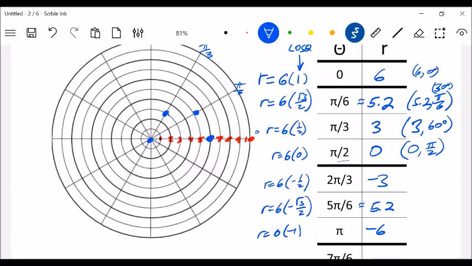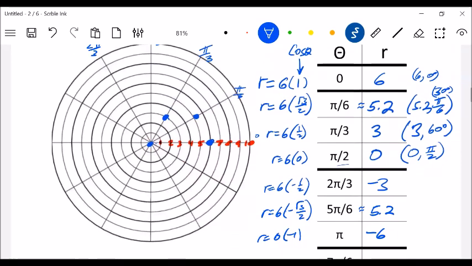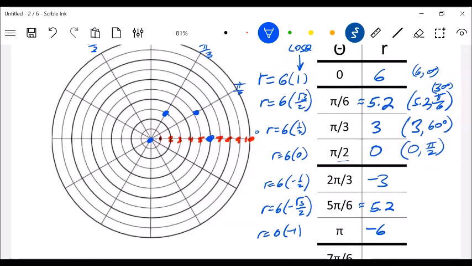All right, so 2 pi over 3 is here. And I would normally head in that direction, except the negative 3 means go the other way 3. So I'm going to here. And then again, for 5 pi over 6, that's here, I'd be going towards it 5.2. 1, 2, 3, 4, 5.